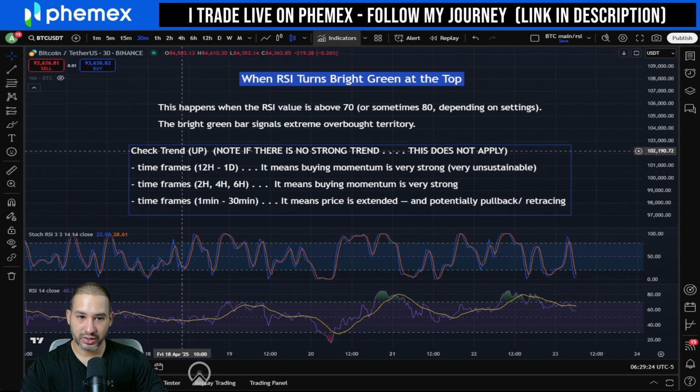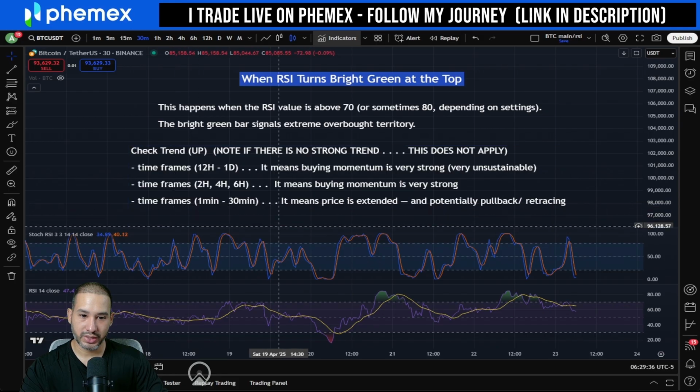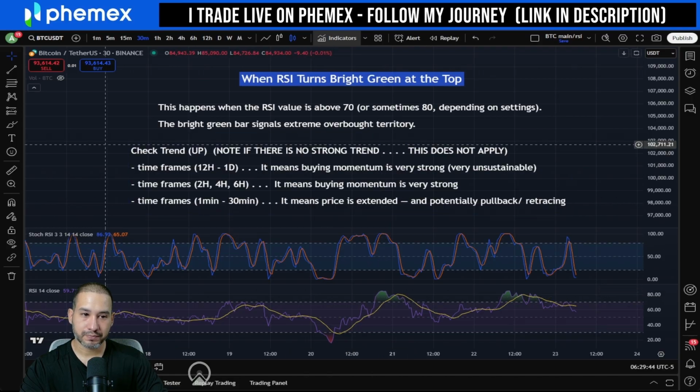You need to check the trend and confirm that we're in a strong upward trend. None of this applies if we're not in a strong trend. And we're referring to the bright green, so this refers to being in an upward trend, being at multiple points in time where you're continuously overbought.